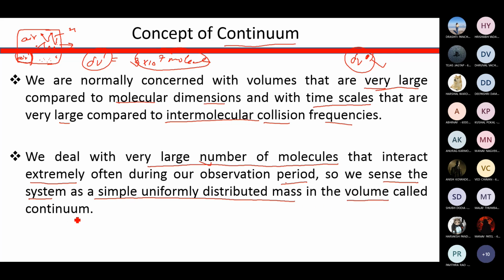and we call this a quantity. So for the whole system, we assume that the mass, or whatever number of molecules are present, is distributed uniformly throughout this space. Is it clear?